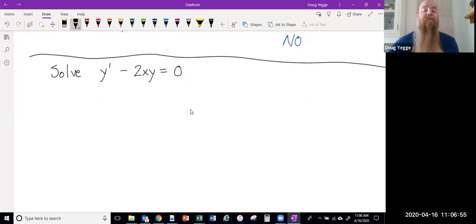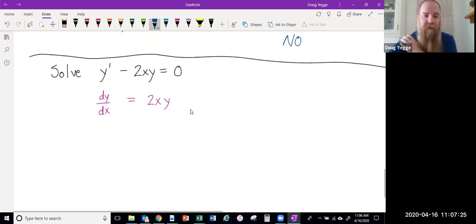Well, the first thing we try to do, the only method that we're ever going to use in Calculus 2 to solve a differential equation, is to separate variables. So the first step is to convert y prime into dy dx so that I'm going to be able to separate the dy's and dx's on two sides. And secondly, let's move that other term over to the right side.